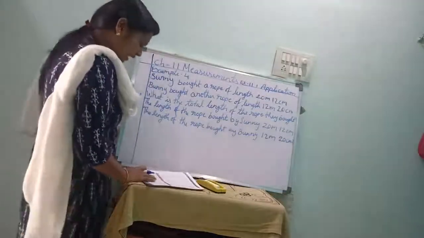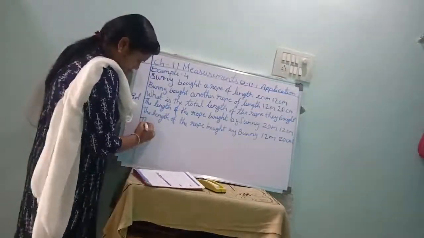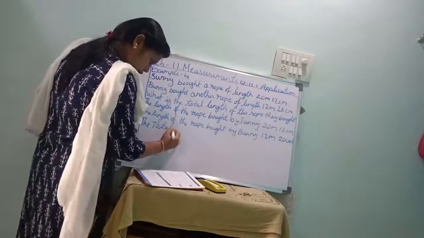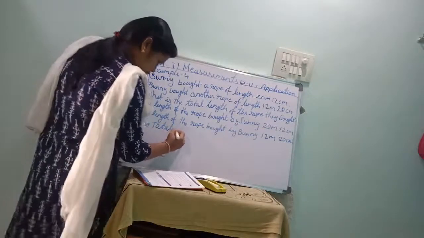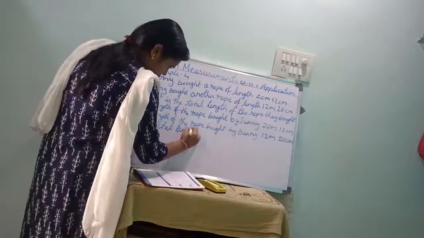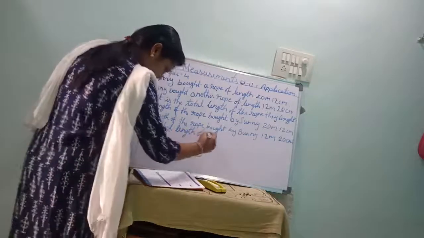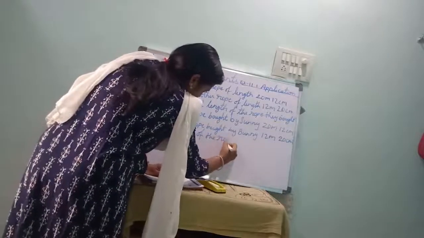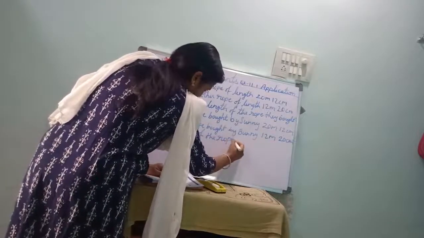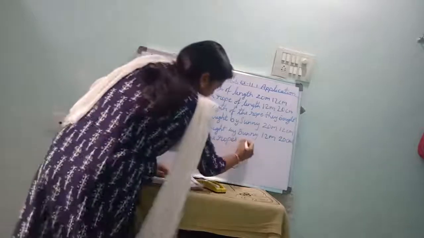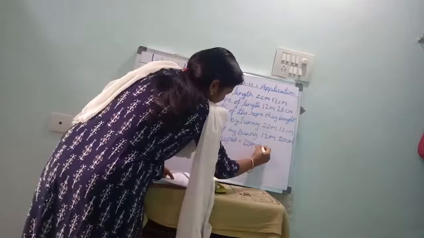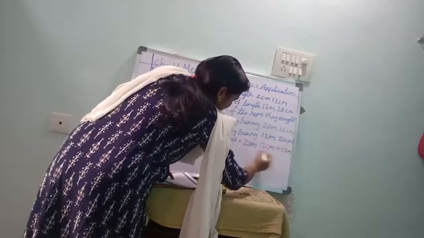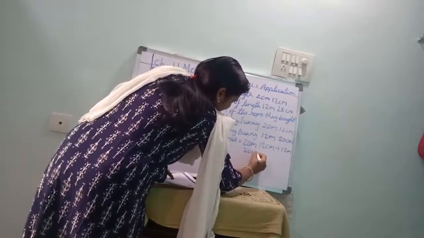You should find the total. The total length of the ropes: 20 meters 12 centimeters plus 12 meters 20 centimeters.